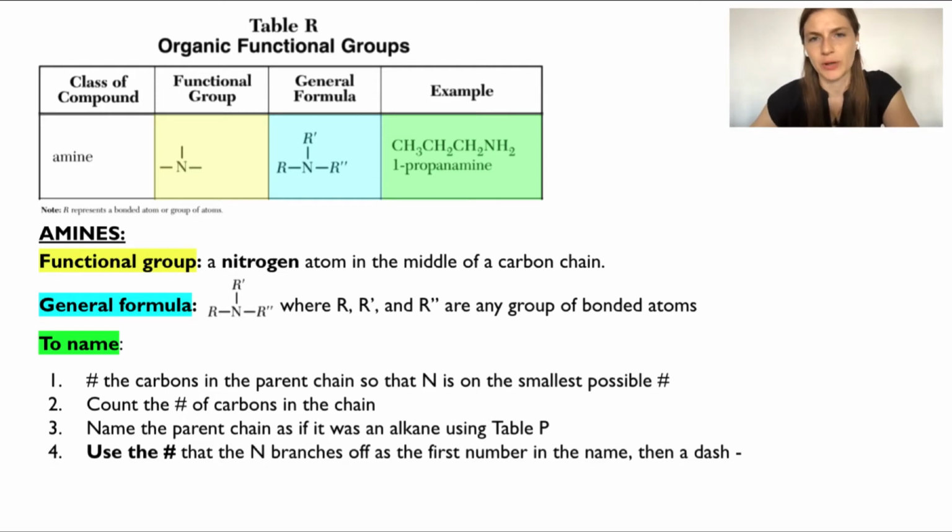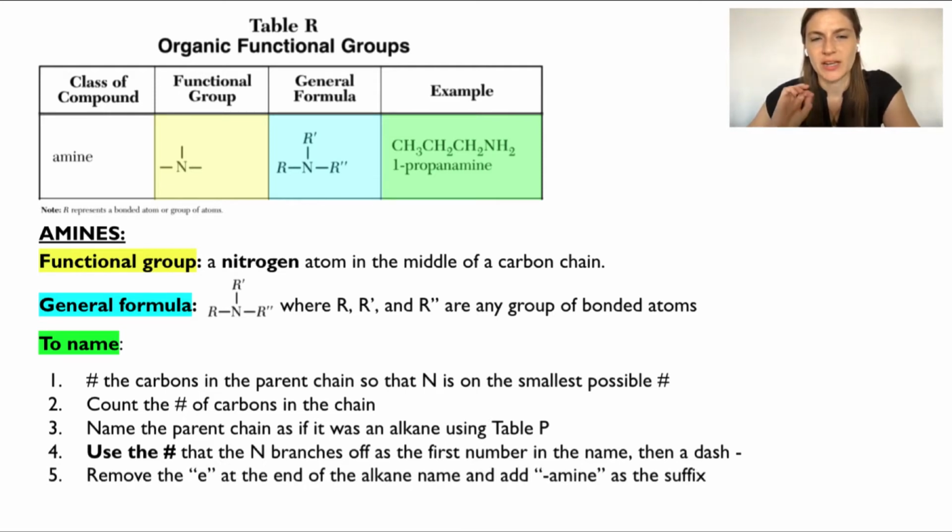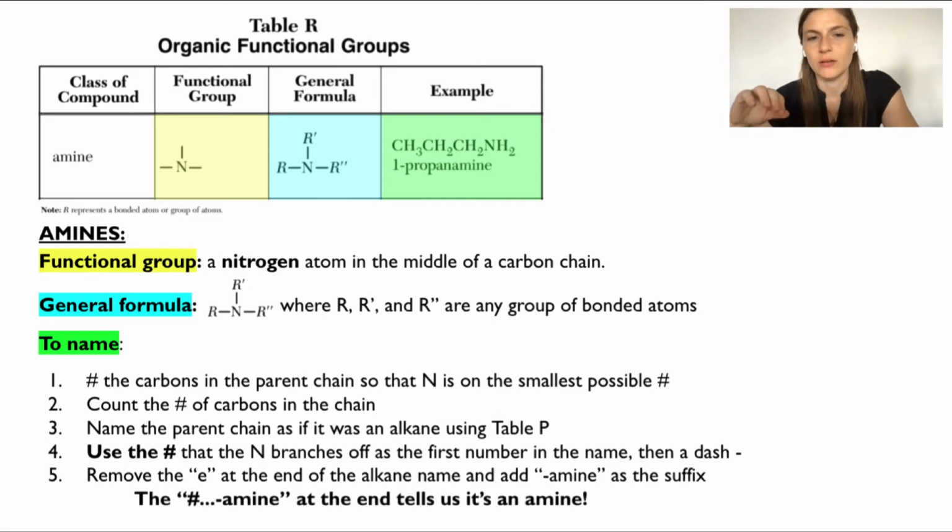So we'll put a number at the start of our name and then put a dash. We're going to take our parent chain name, remove the E at the end, and add amine as the suffix. So the number-dash prefix almost sounds like you're saying the beginning of an alkane name, and then amine is what tells you that you have an amine.